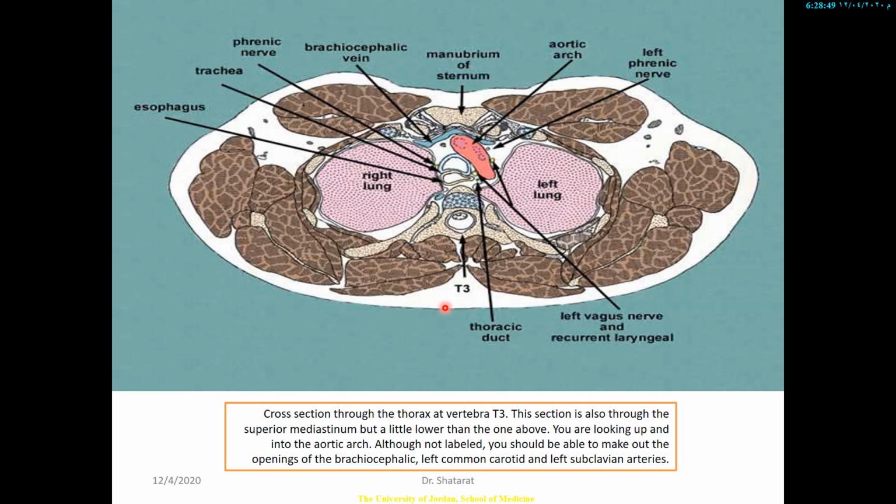Now let's go to T3 in the superior mediastinum. You would see the end of the arch now as we're going up, still the trachea, the esophagus. You may begin to see the branches of the arch of the aorta, and you certainly would begin to notice the appearance of the brachiocephalic veins.